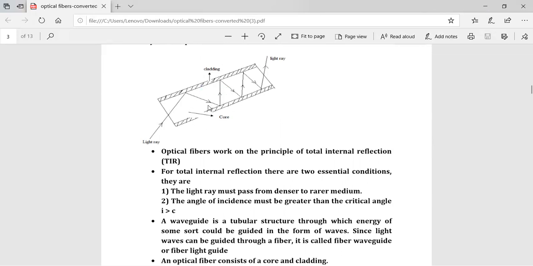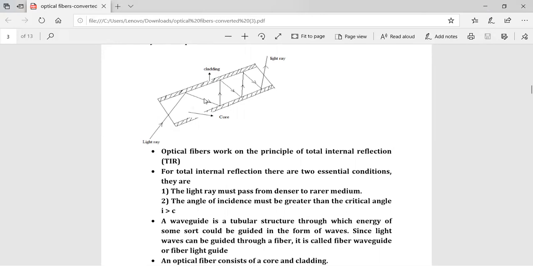These photons may be absorbed by the impurities present in the silica glass of which the fiber is made. Or else, assuming that there are no impurities in the silica glass, the fiber itself has a tendency to absorb the light energy, however small it may be. That is called intrinsic absorption.